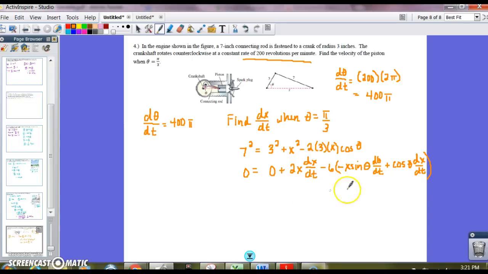If I make that look a little bit prettier, I end up with 0 equals 2x dx dt plus 6x sine theta d theta dt minus 6 cosine theta dx dt.